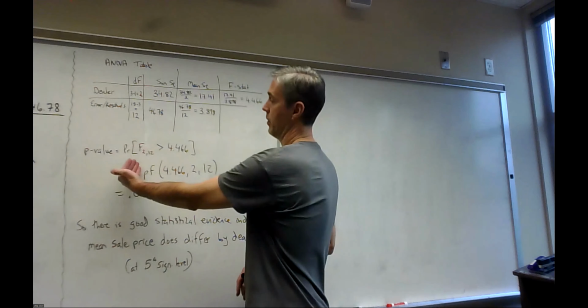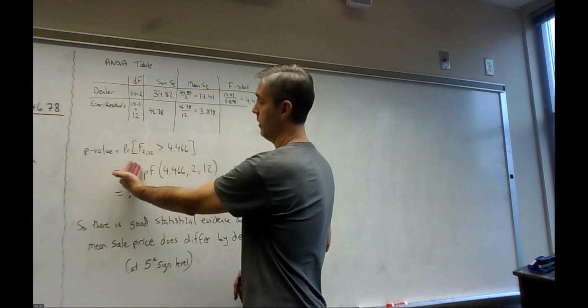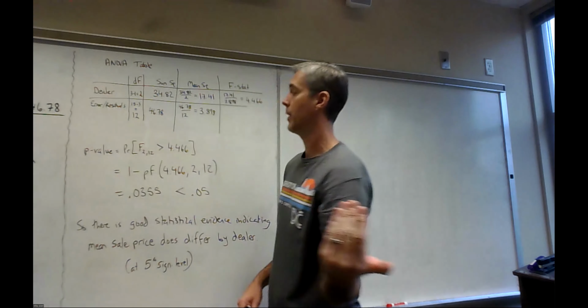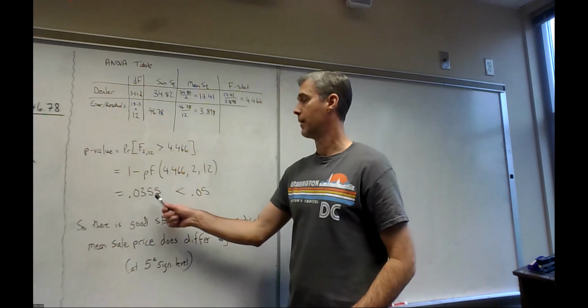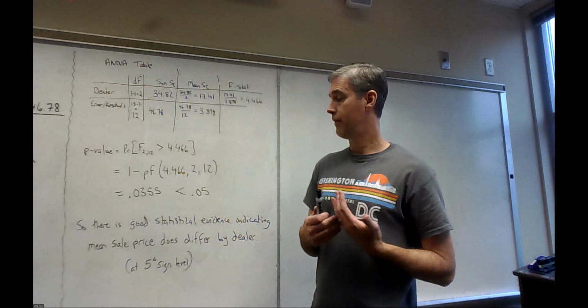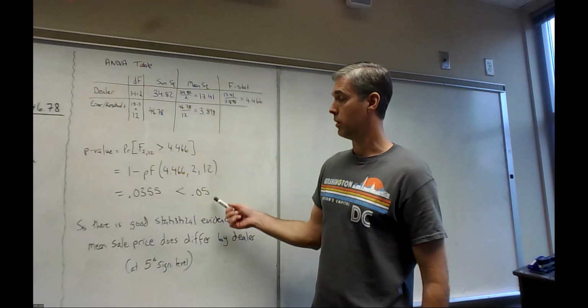That would tell me the left side, how much probability is less than or equal to 4.466 in this F distribution. I want the right tail, so I do 1 minus, and I get 0.0355, which, if we're looking at a 5% significance level, is below it.